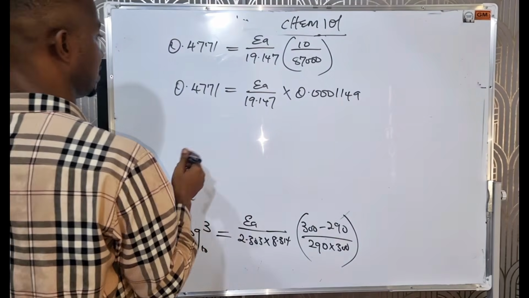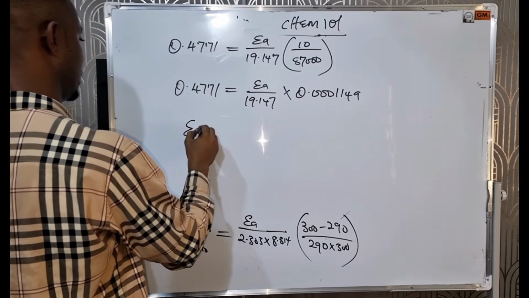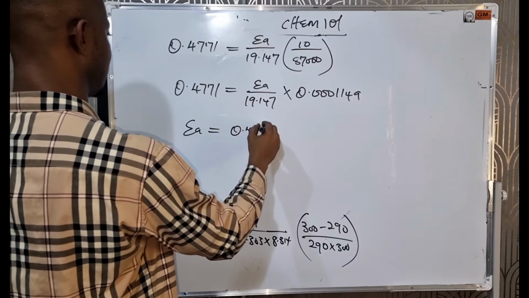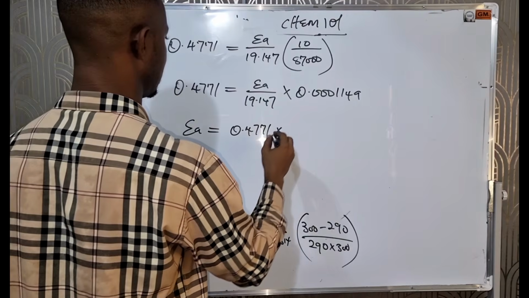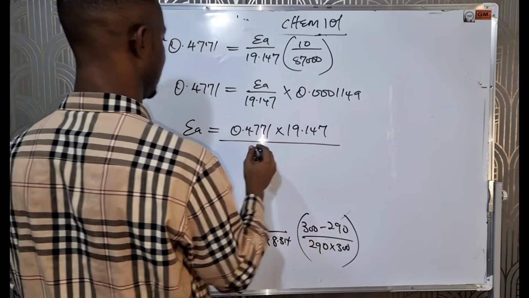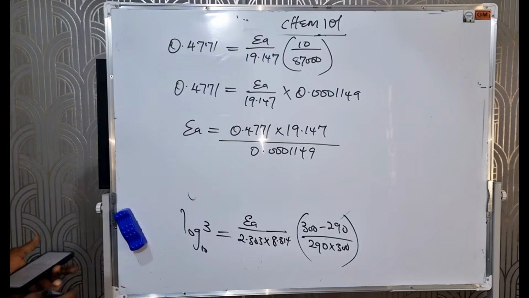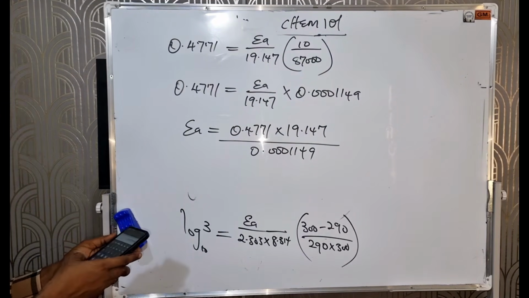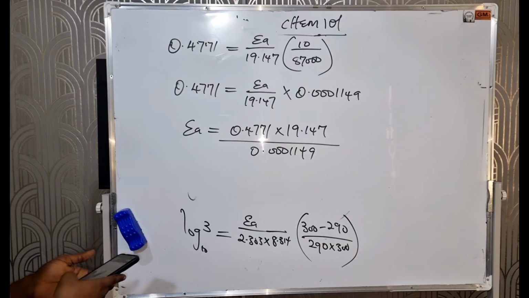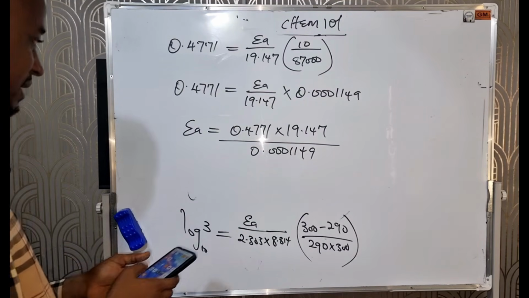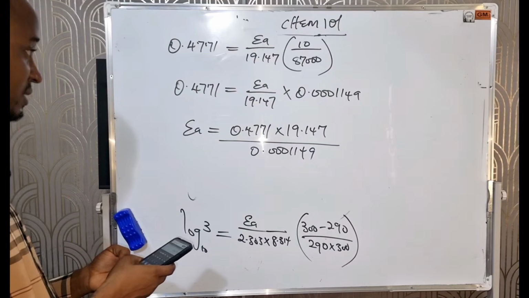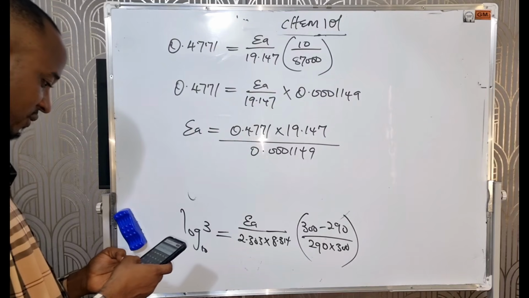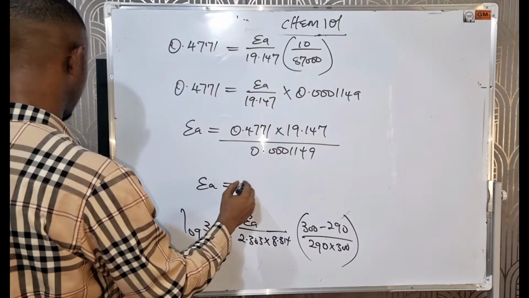By the time we multiply this out, that implies that our Ea is 0.4771 times 19.147, all divided by 0.0001149. Let's verify. This is about 79,000, so our Ea here is about 79.